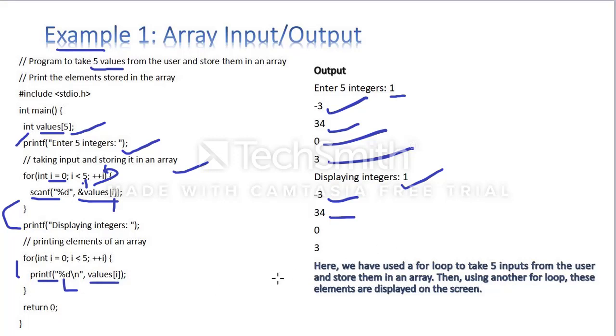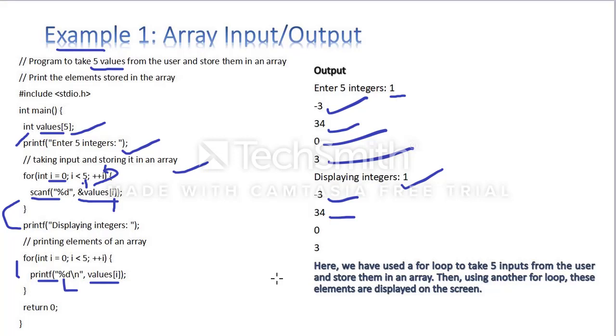So this is a little example for implementing an array: giving the inputs through the user and printing the elements from the array. Actually, arrays are basically of three types, and you have to learn those three types. In the next classes I will explain the different types of arrays and implementing them.